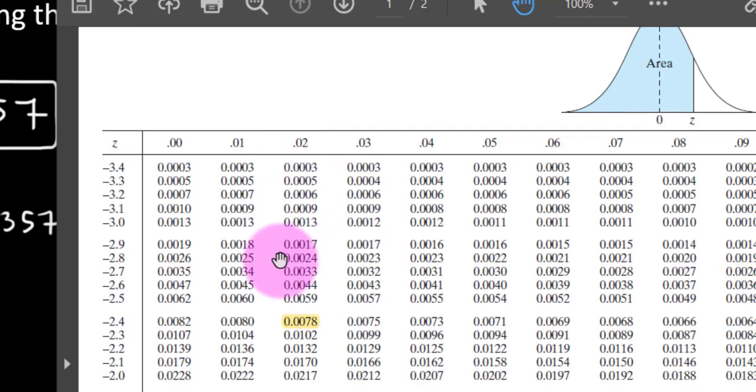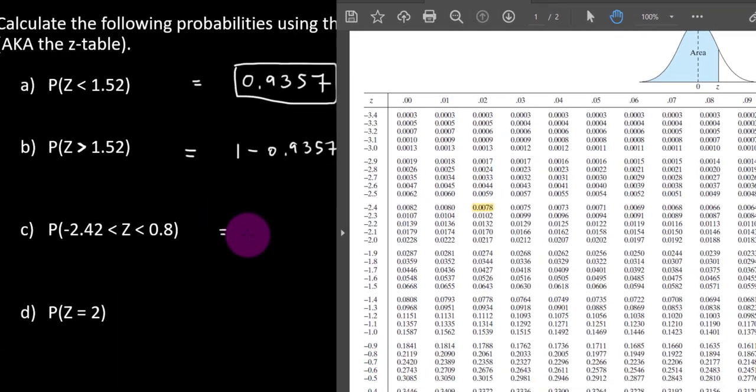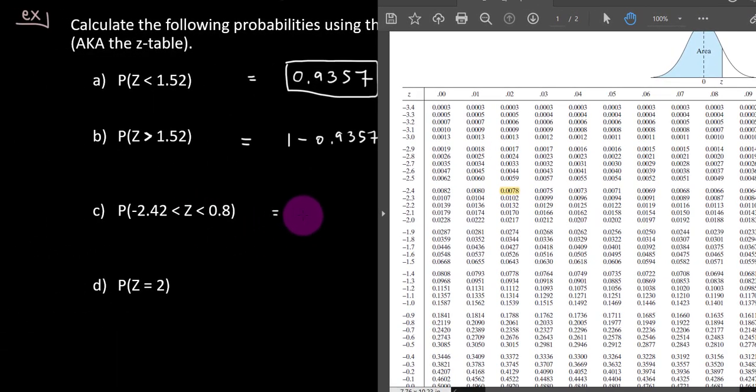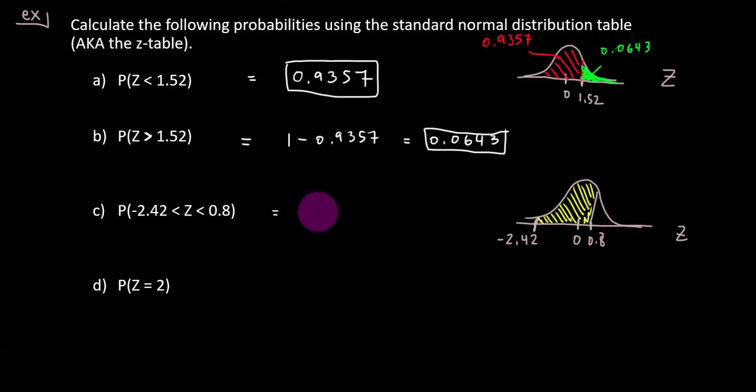I have now two probabilities that I need to write down, and I'm going to subtract the smaller one from the larger one. Here we go. So the larger probability, 0.7881, that was the area to the left of 0.8, but that's too much.